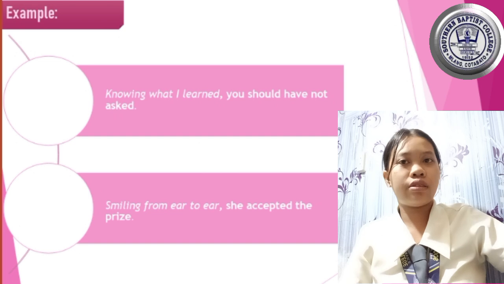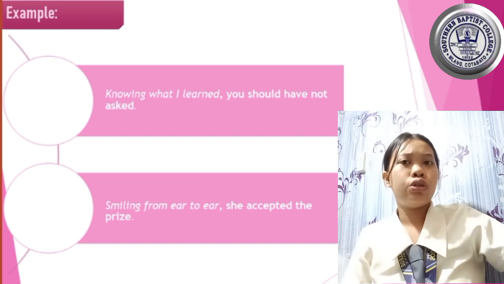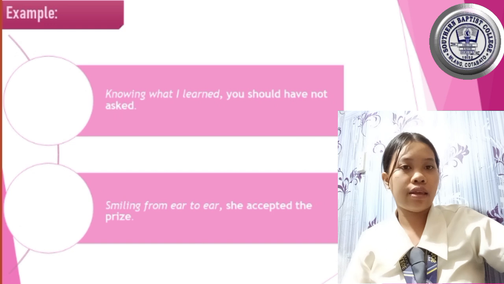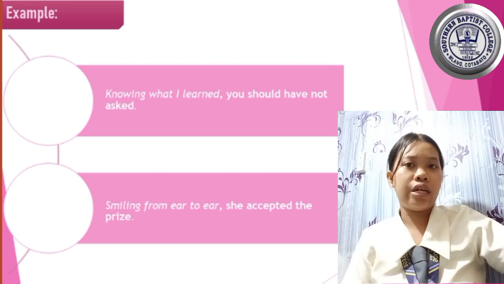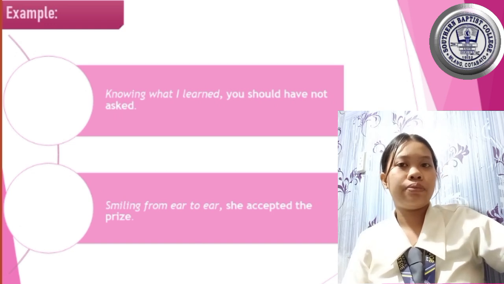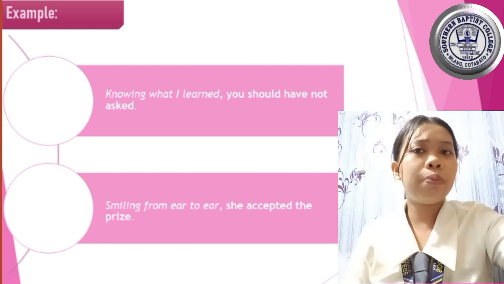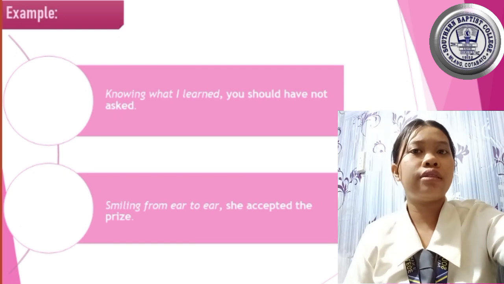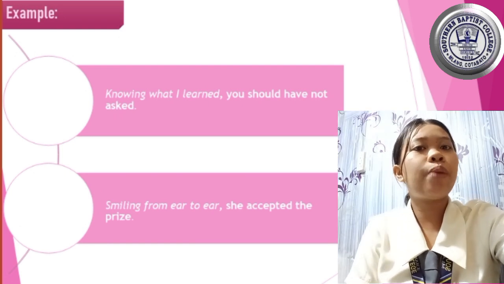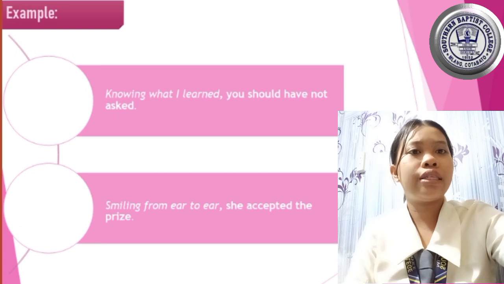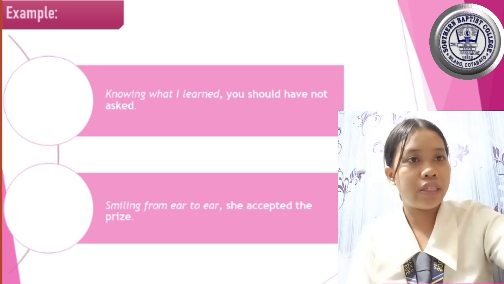So, here's the example. First, knowing what I learned, you should not have asked. Second, smiling from ear to ear, she accepted the prize. So, the participle phrases, knowing what I learned and smiling from ear to ear, are placed at the beginning of the sentence, functioning as noun modifiers.